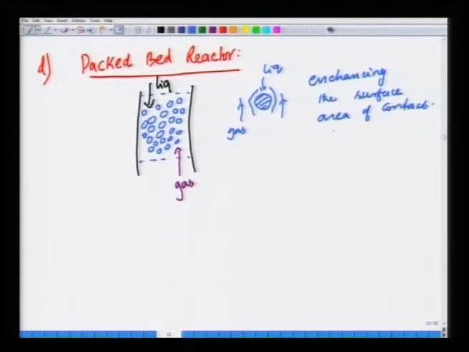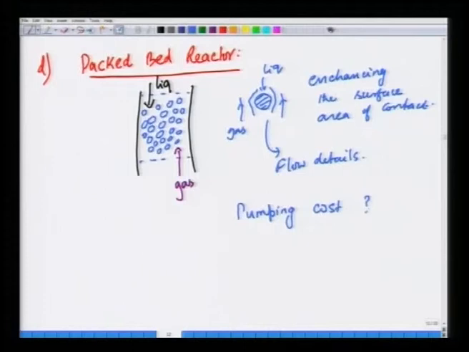So, proper design of the reactor critically depends on the flow structure around a particle. And then we also have to worry about the pumping costs. By having so many particles in a column, we have to worry about what pressure drop is required to drive the flow. So, this is another example of the role of fluid mechanics in the chemical process industry.